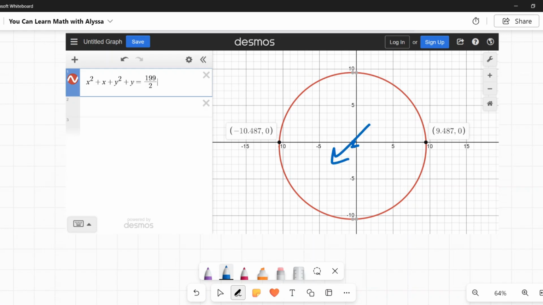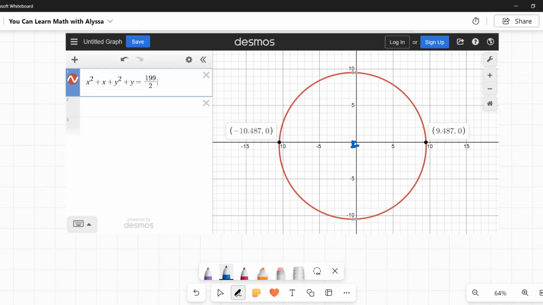So everything is slightly off to the left, which means these two dots that it highlights right off when you open it up, the x-intercepts, if you connect them, they don't represent the diameter of the circle. And I think it's really easy for students to think that's the diameter, so I measure the distance between these two points, cut it in half, and I've got my radius, and you will not get the right answer.